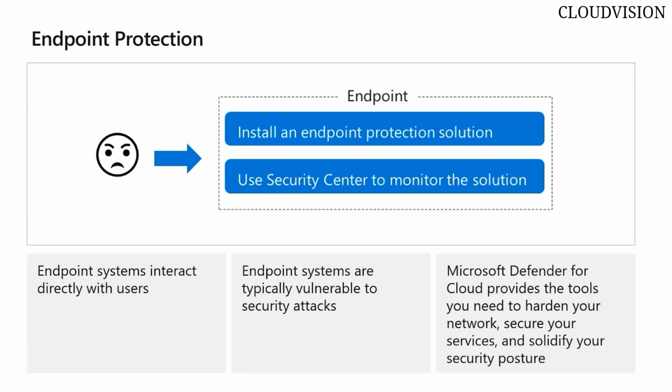It could be any anti-malware solution. I'll show you the option of how to install the endpoints, and later, after installing it, using Defender I can monitor the solution. We can monitor that later. So it needs to be installed on individual machines.